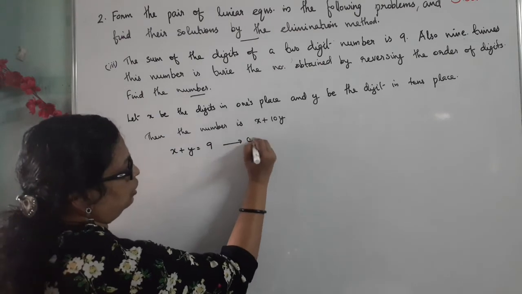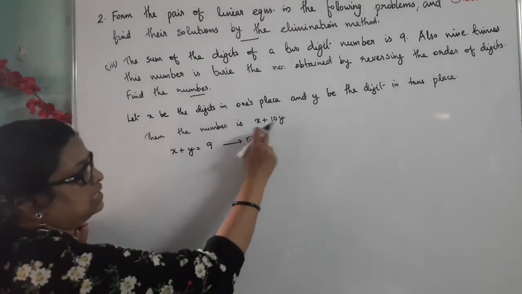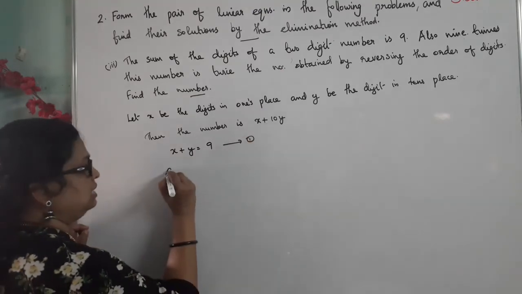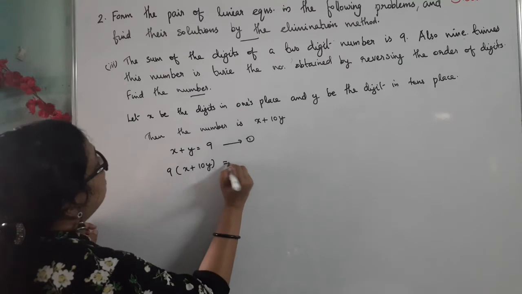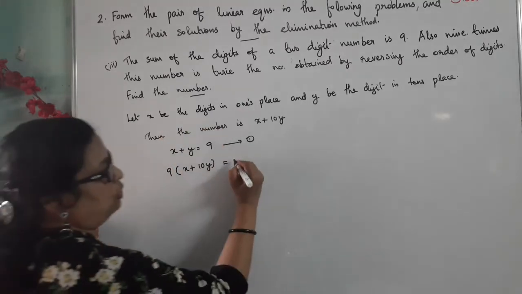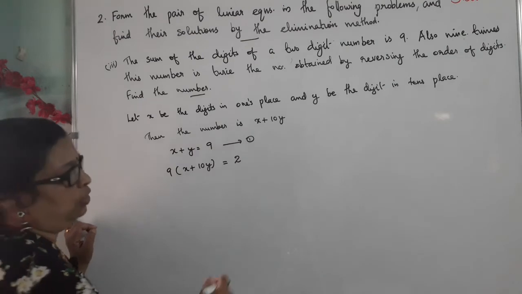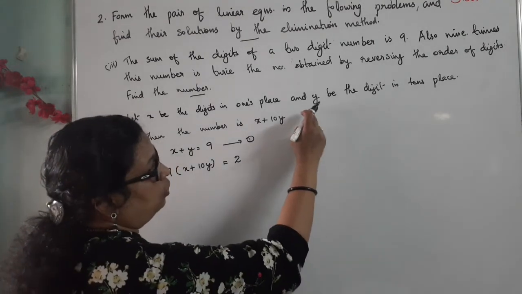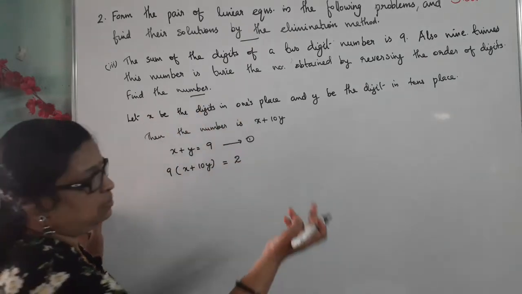This is one equation. Then also 9 times this number, that is 9 into x plus 10y, is twice, that means 2 times the number obtained by reversing the order. So reversing the order, y will be in ones place and x will be in tens place.